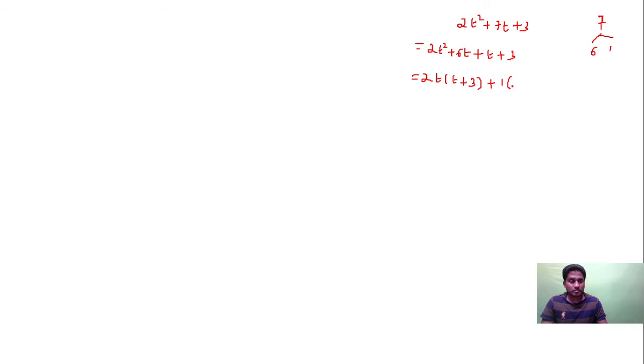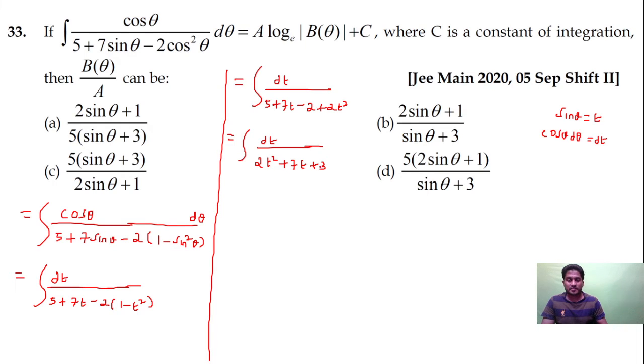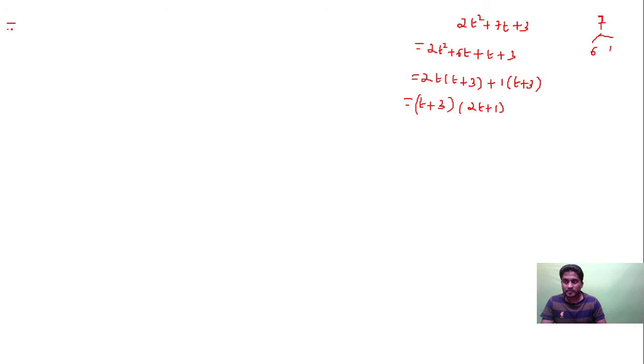Further you take plus 1 common, you get t plus 3. So this is t plus 3 into 2t plus 1. Okay, so this becomes integration of 1 upon t plus 3 into 2t plus 1, and then dt.